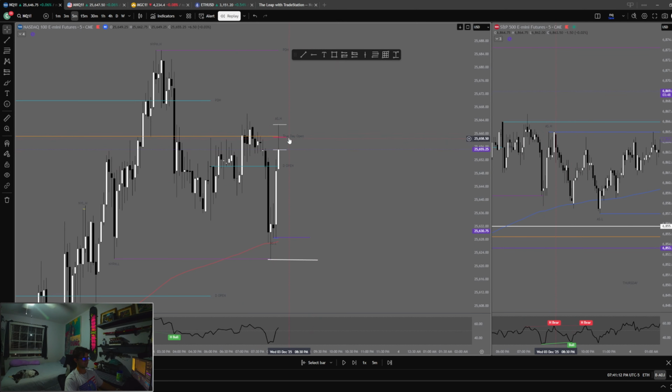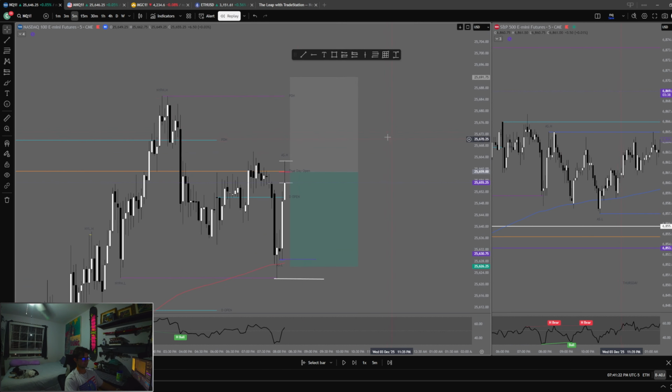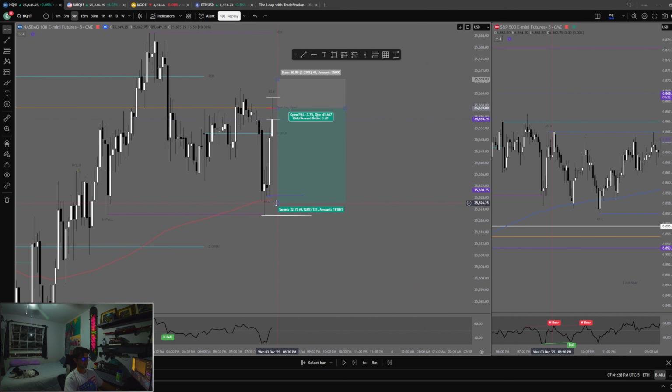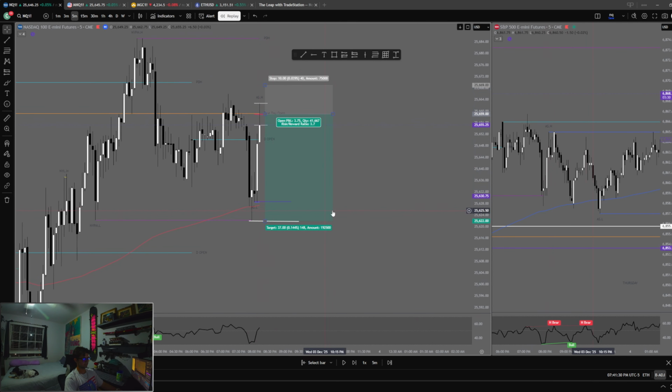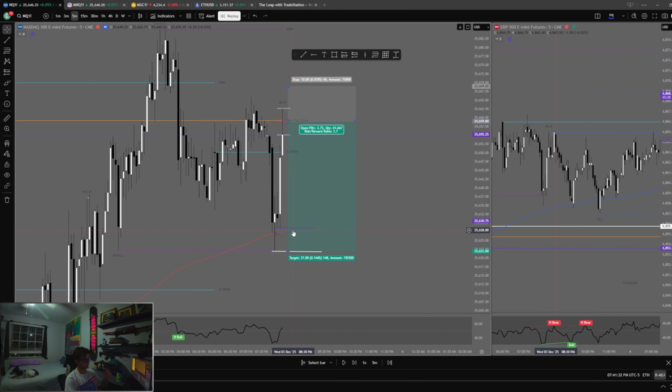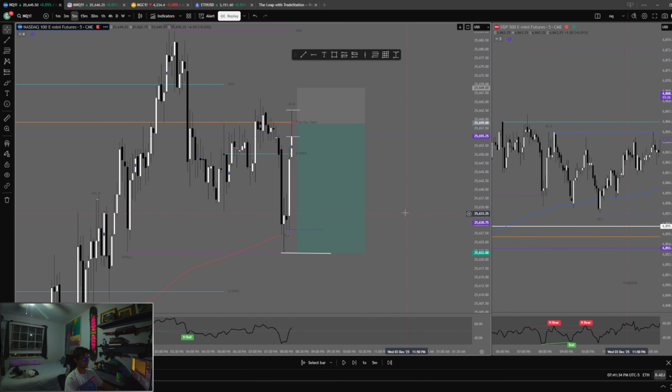Pretty much what I was thinking is I want to see price tap back into the EQ of this rejection block. So this is what my entry looked like. My limit was at 659 with a standard 10-point stop, so it was right here. I was ultimately just targeting this low down here because one, we have 5-minute equal lows sitting right here.